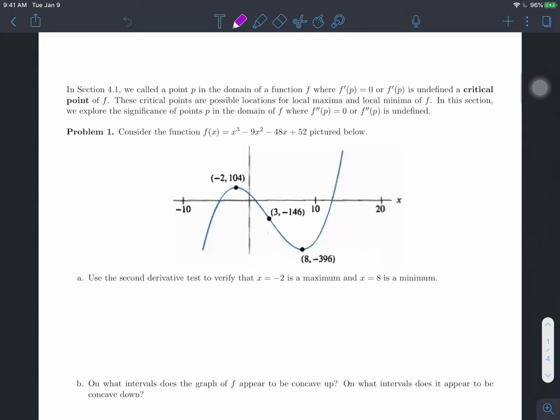In the previous section we learned what it means for something to be a critical point. It means that it's a candidate for a potential max or min. Now we're going to talk about the meaning of f double prime equal to 0 or f double prime undefined.